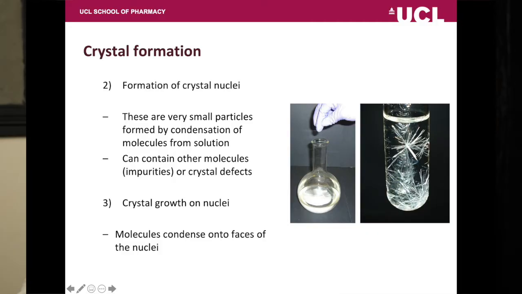Then you remove the Bunsen burner and let it cool down really slowly back to room temperature. Then what you should have is a relatively unstable but supersaturated solution, because some of those molecules that dissolved at the high temperature haven't been able to crystallize out as it's got to the low temperature. So you start with a supersaturated solution, which you might make by heating and then cooling the material. Then what happens? Something has to happen to make these molecules start to come together and crystallize.